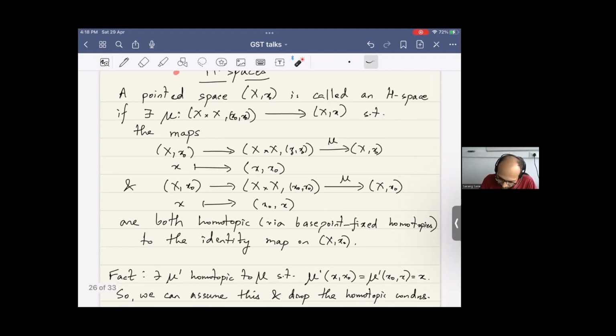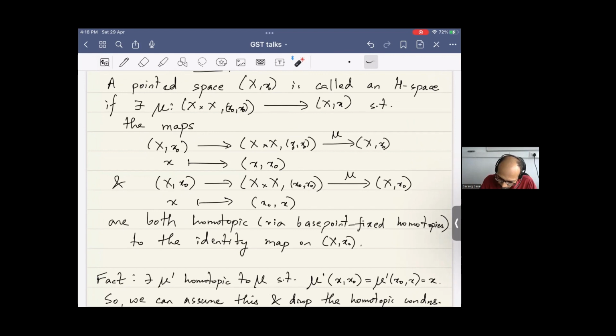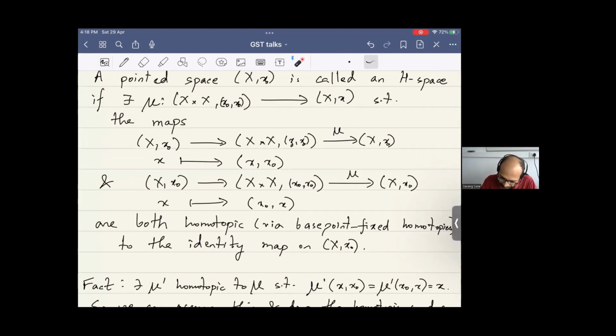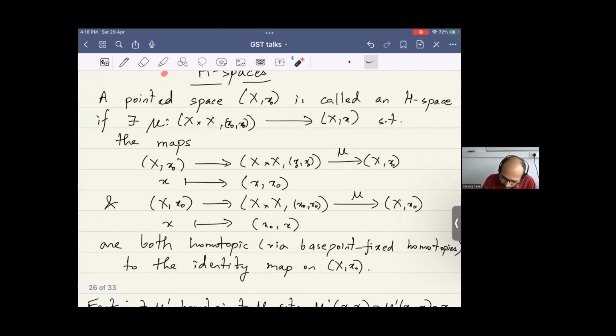A pointed space x is called an H space if you have a continuous function of pointed spaces mu from x comma x to x.